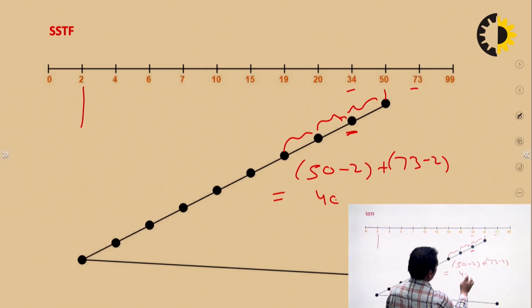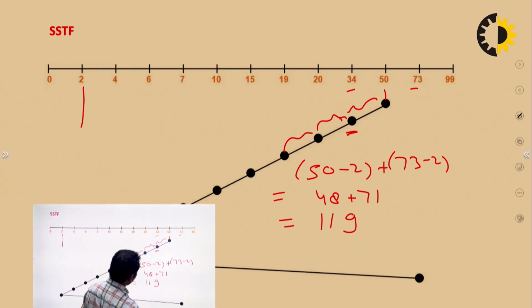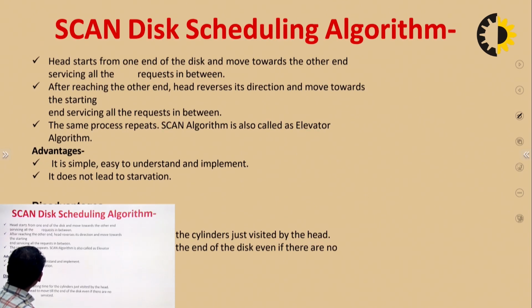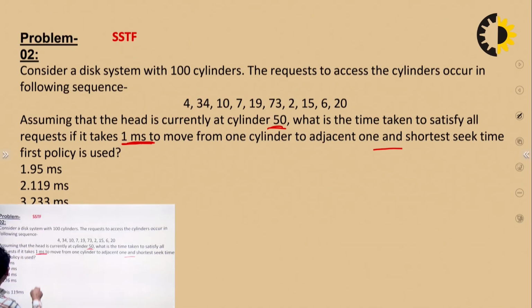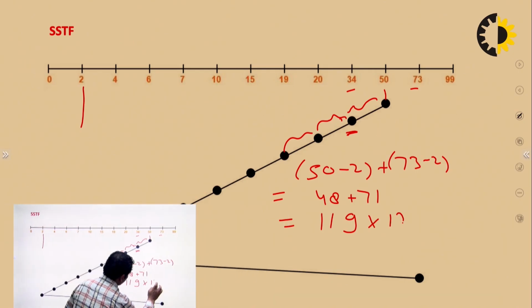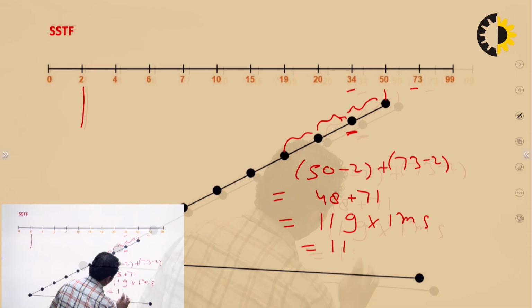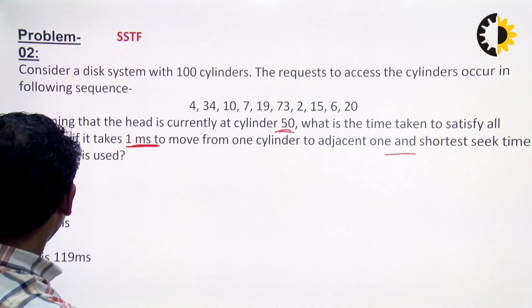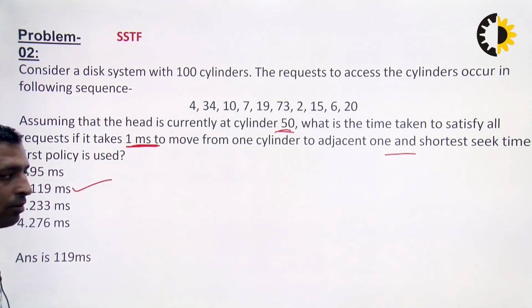So 48 plus 71 is 119. Total head movement is 119 cylinders, and one track movement is 1 millisecond. So the total is 119 milliseconds, so our answer is 119 milliseconds.